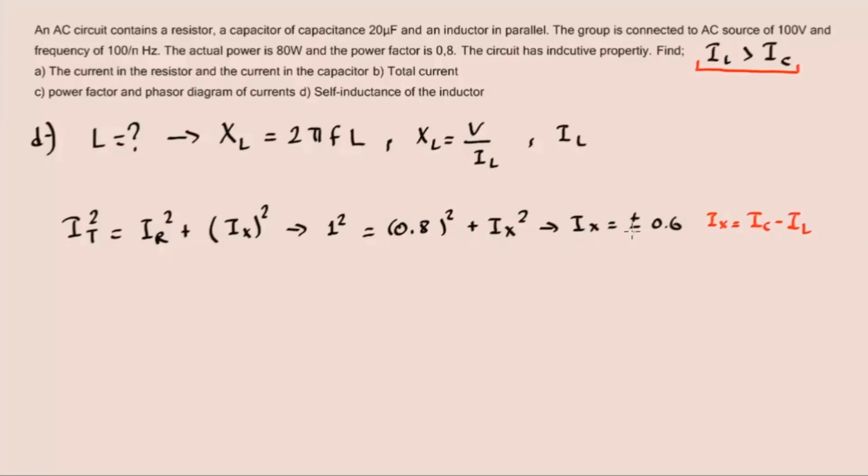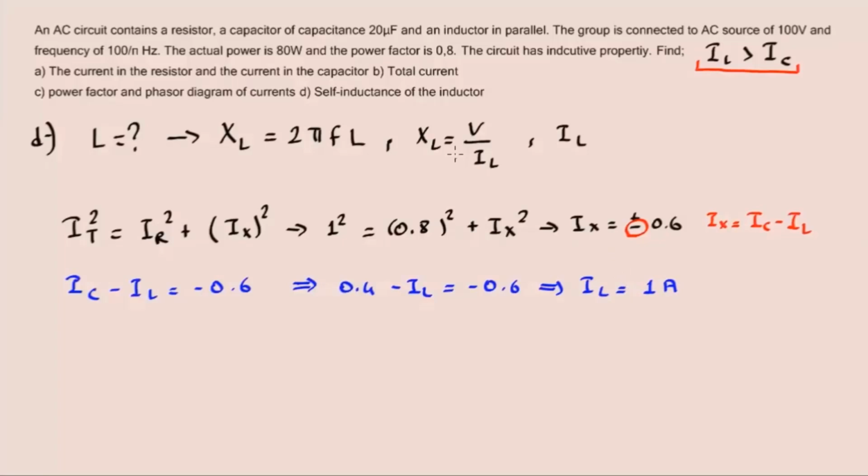So the correct answer is negative 0.6. IC minus IL is negative 0.6. IC we calculated is 0.4. 0.4 minus IL equals negative 0.6. So IL is going to be 1 ampere.